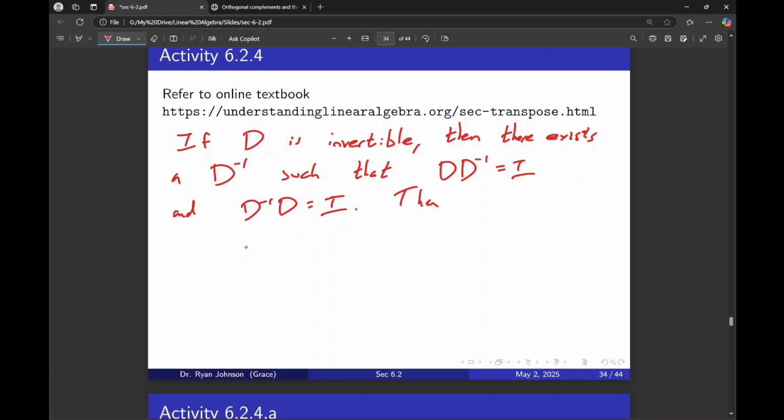So the inverse of D transpose would be D transpose inverse, and the thing I multiply it by to get identity is D inverse transpose.